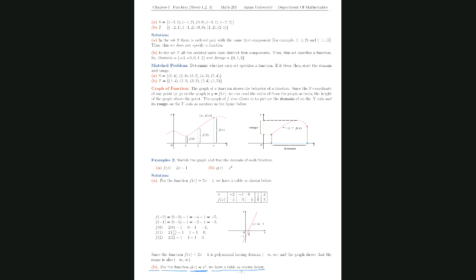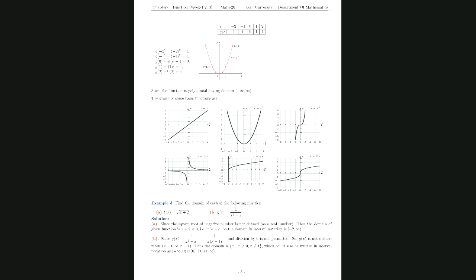Okay, so for the graph, first you have to find some values, input, output, and then draw the graph of function. So look here, first you make this table.